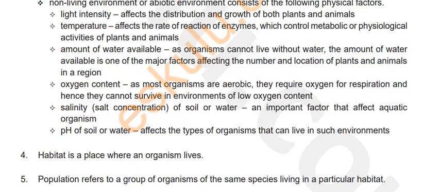Then salinity. Salinity is the salt concentration of soil or water, an important factor that affects aquatic organisms.